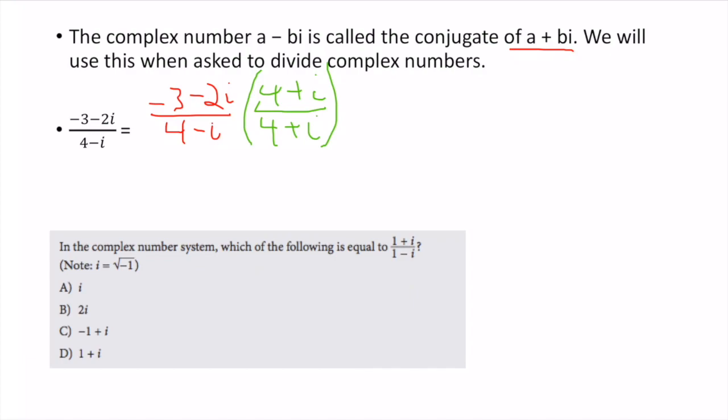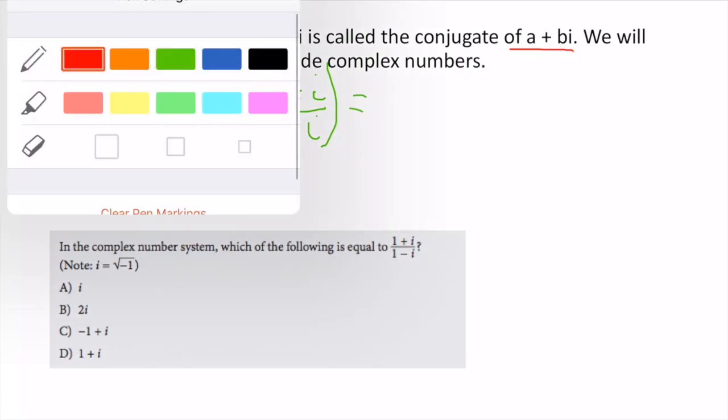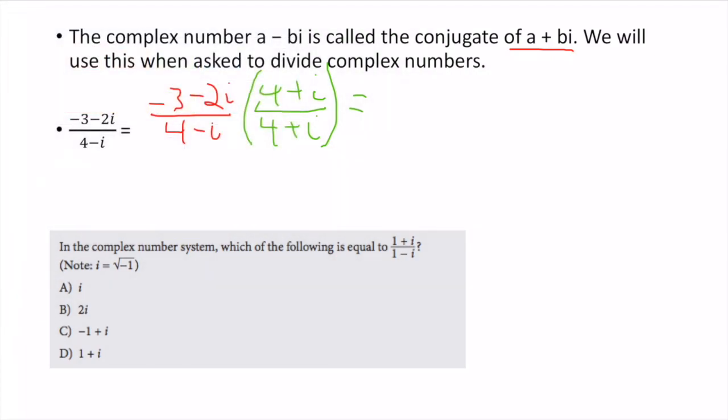Okay, and now I have two separate FOILs to do. I'm going to FOIL out the top, FOIL out the bottom. When I FOIL the top, I get minus 12 minus 3i minus 8i minus 2i squared.